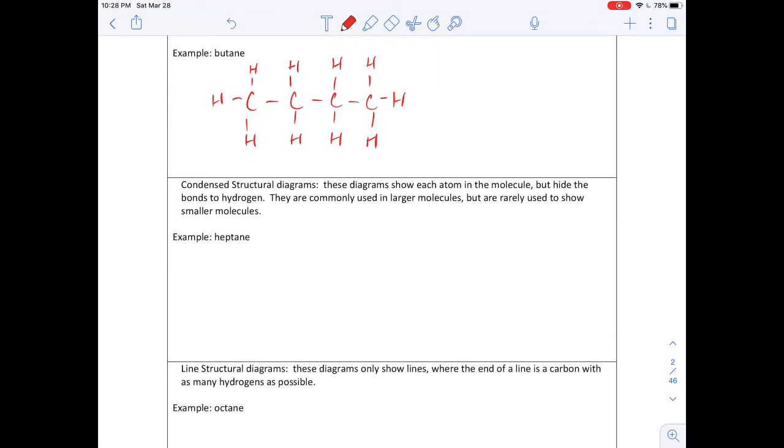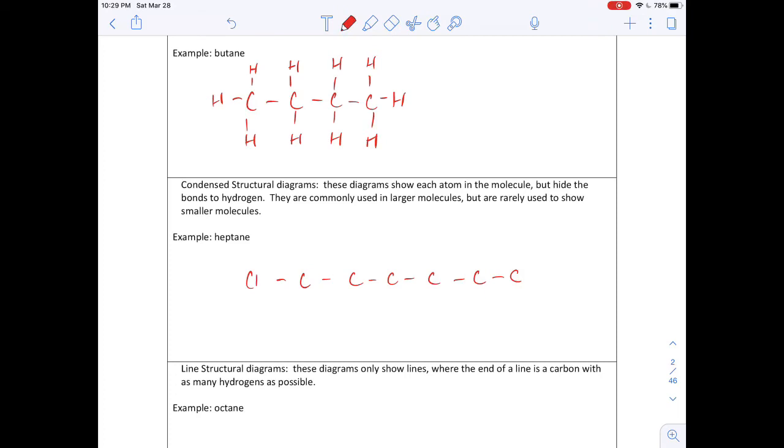Condensed structural diagrams show similar stuff, but it compresses it so it's a little tidier. Heptane is 7 carbons, and you can imagine that if we drew in every single hydrogen, it'd be really busy, just a mess. For 7 of those, that's too much. So instead you condense it, grouping things together.